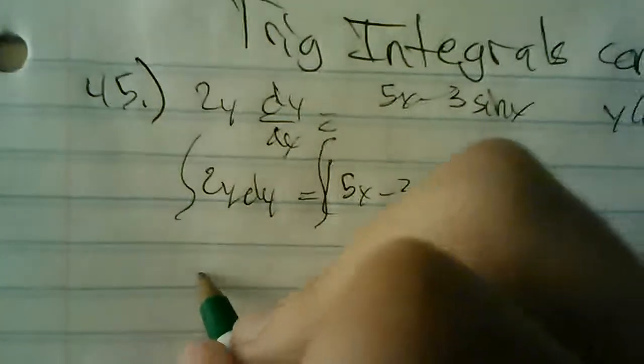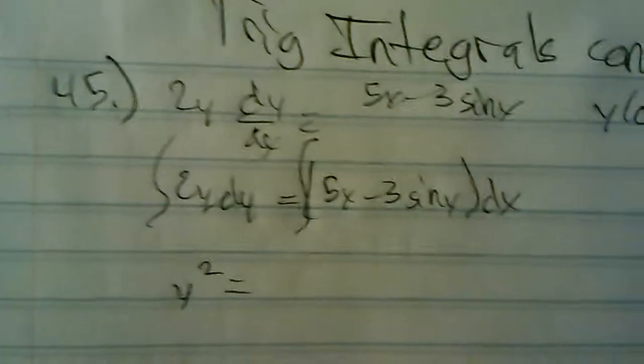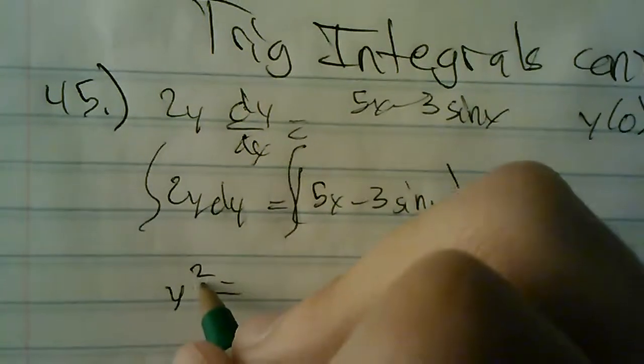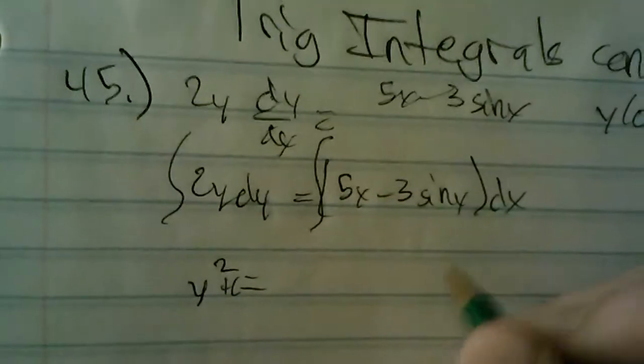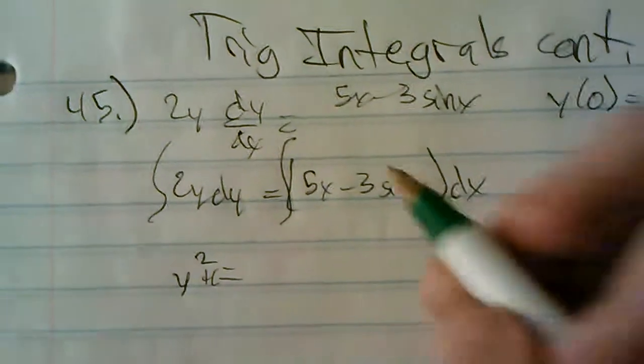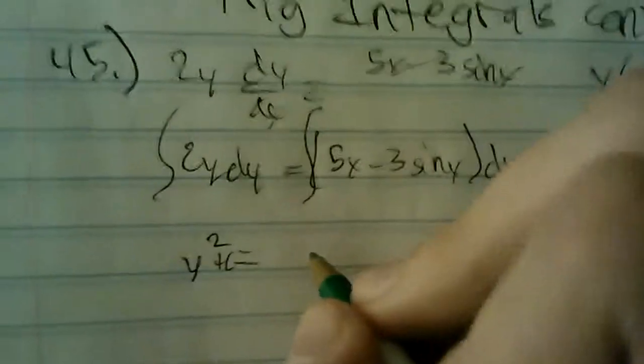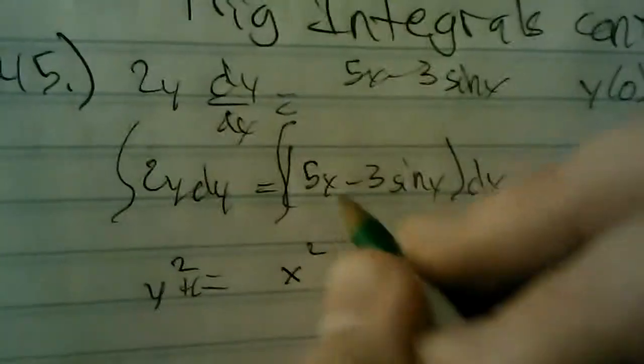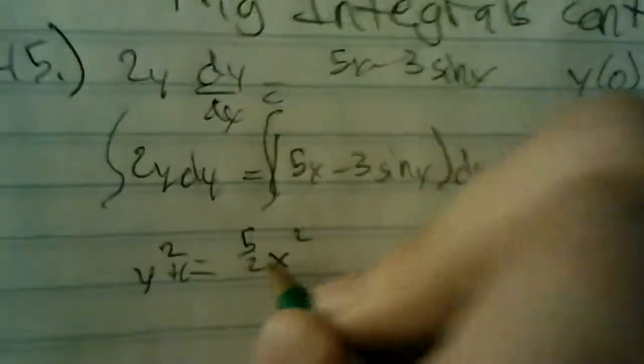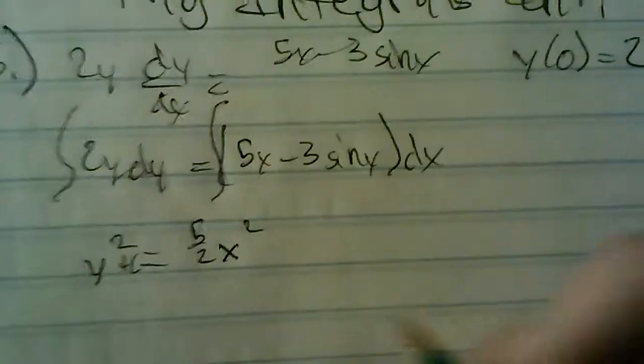Integral of 2y dy is just y squared equals, it's actually y squared plus c, but I'm going to subtract that over. So we have the integral of 5x. So this goes to x squared, so it's going to be 5 halves x squared because you divide 5 by 2.